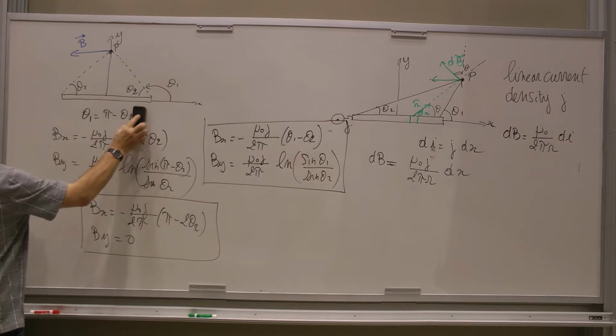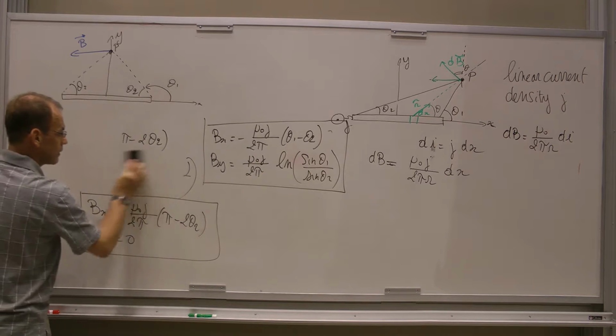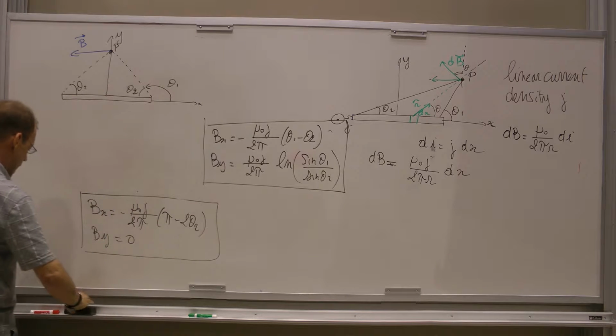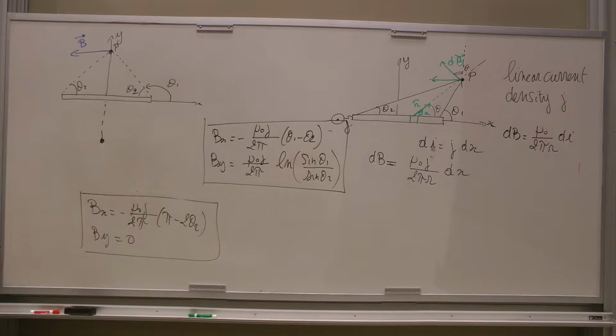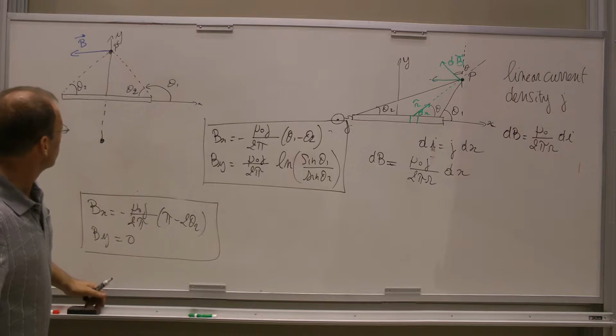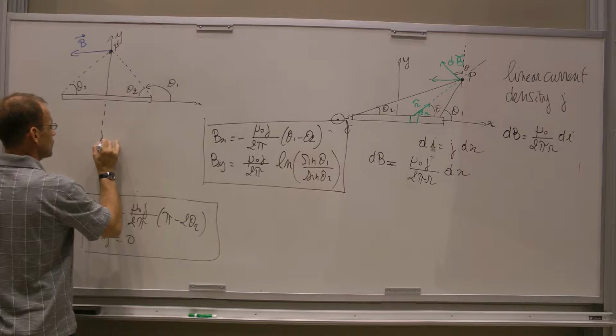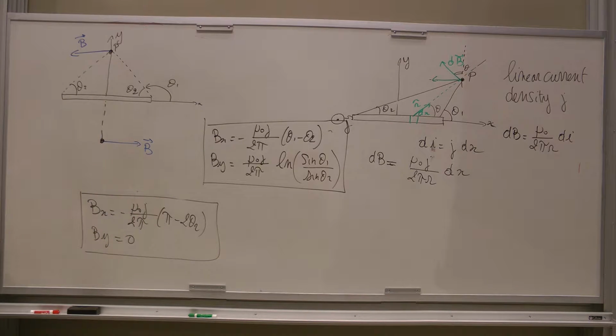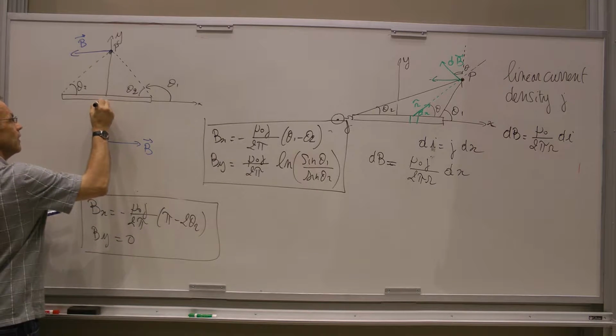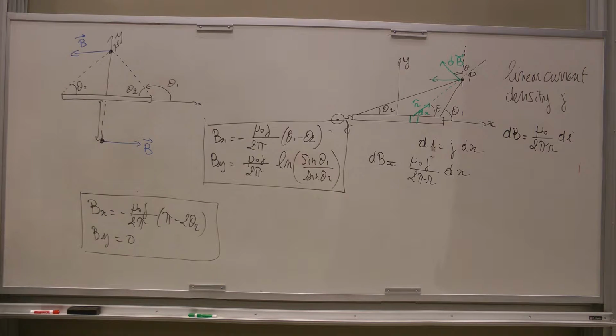If I were to put point P underneath that distribution, I would find the same thing on the other end. We could redo the same calculation, or obviously through the principle of symmetry, we expect the magnetic field B to be pointing this way. Notice what is really interesting is you have no dependence anymore on the position R. That dependence is gone.